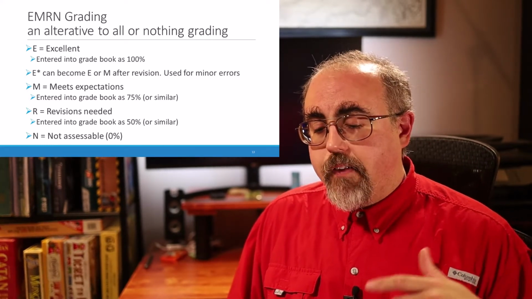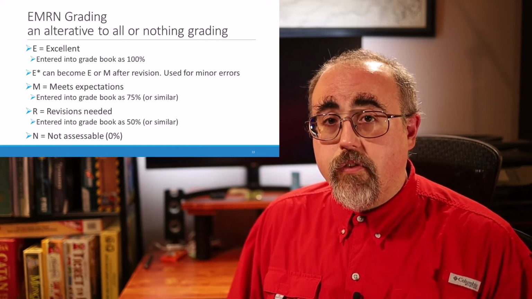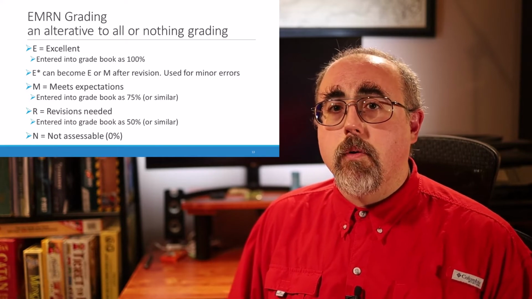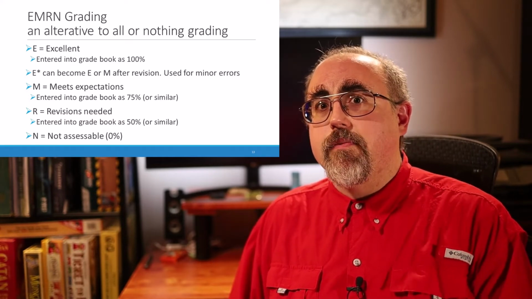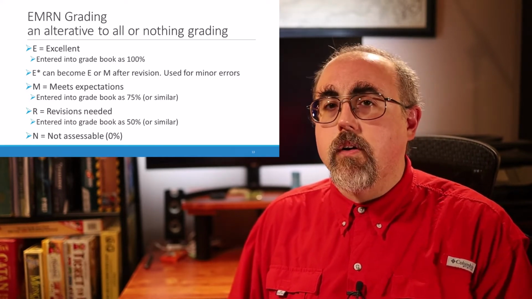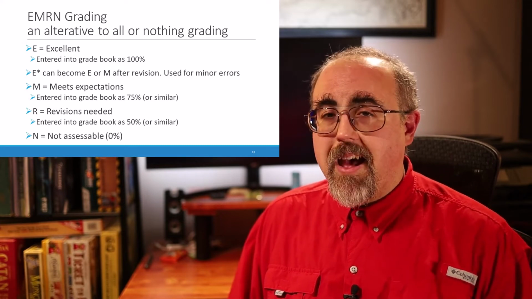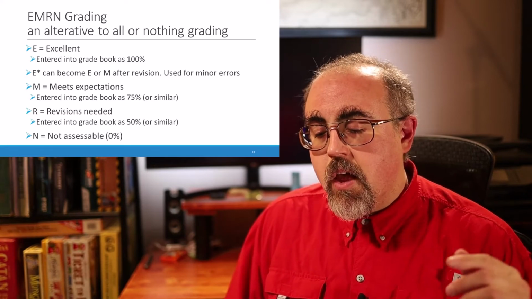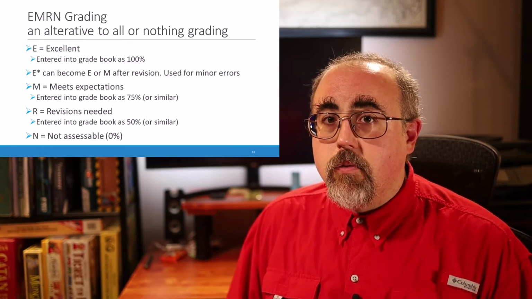So anyways, excellent, mastery. You could have an E star, which seemed to be popular, where you revise this, minor mistakes can take it to an excellent, or if you don't succeed, it goes down to mastery, kind of an in-between, revision needed, but you can still get to excellent. Then finally, revisions necessary.